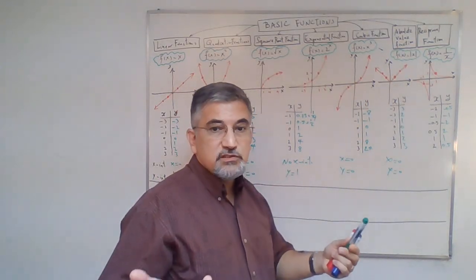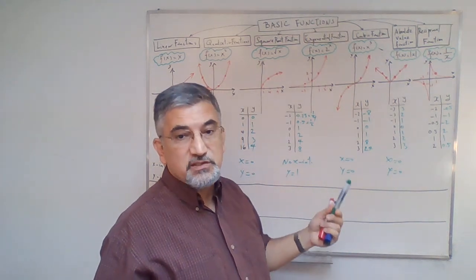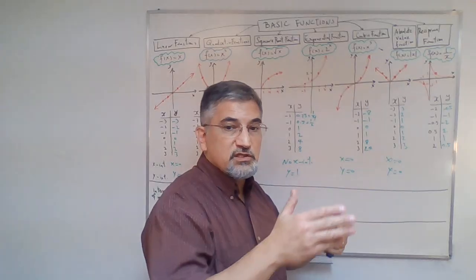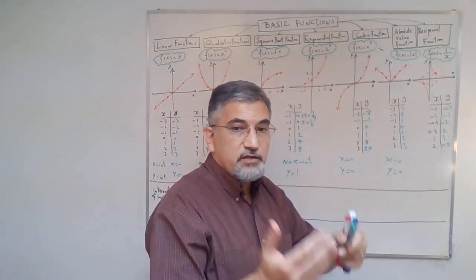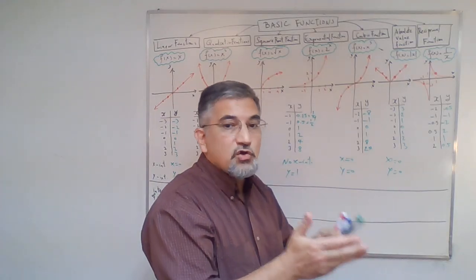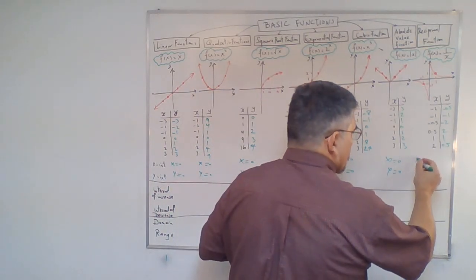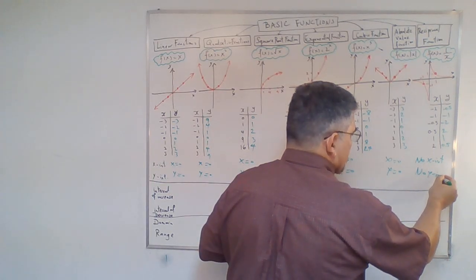So x-intercept or even y-intercept, none of them exist, because neither of these two branches of the graph intersects the x-axis nor the y-axis. So we're going to say no x-intercept and no y-intercept.